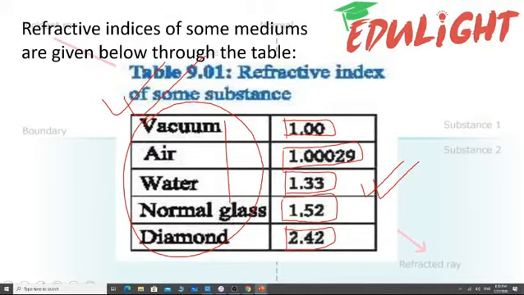But it is not necessary to memorize the information given in this table.